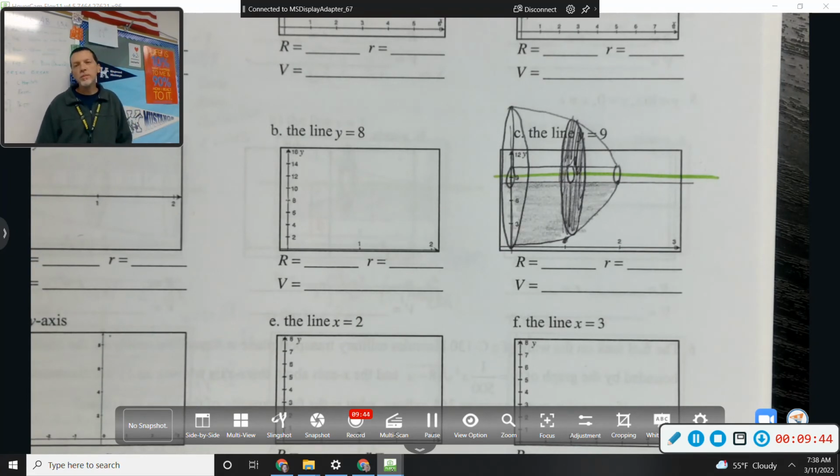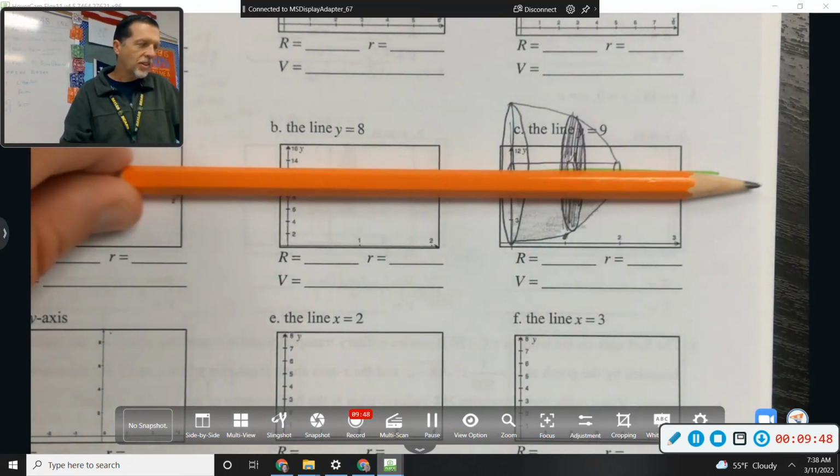So it's sort of a bullet, but with a pencil poked all the way through it, a missing cylinder on the inside of it.